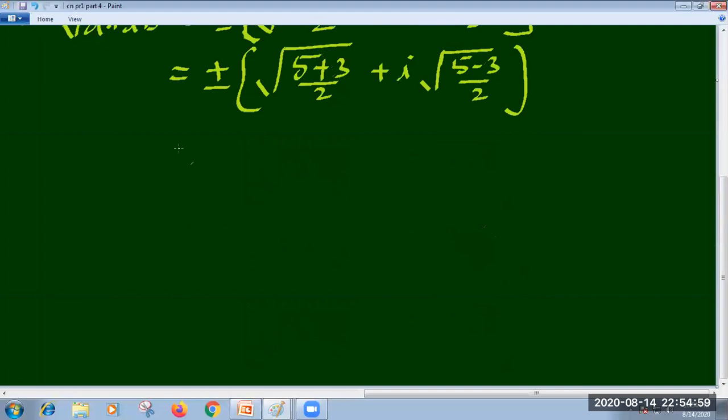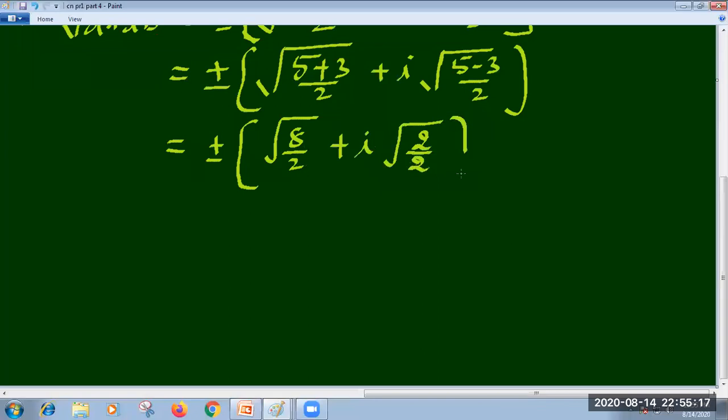Further simplifying, this will be under root 5 plus 3, 8 by 2, plus i under root 5 minus 3, 2 by 2.